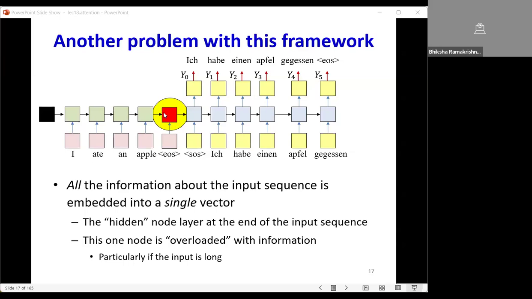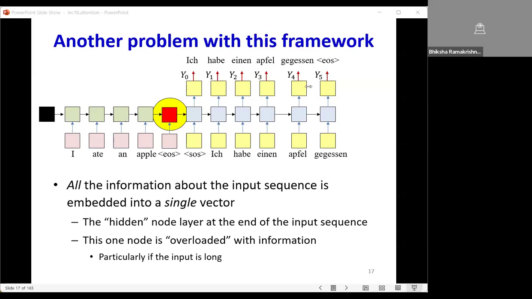And so this one hidden state gets overloaded. Part of the reason for this is that there's recency bias. This is going to have much more information about the most recent inputs just before the end, and much less about those in the far distance.